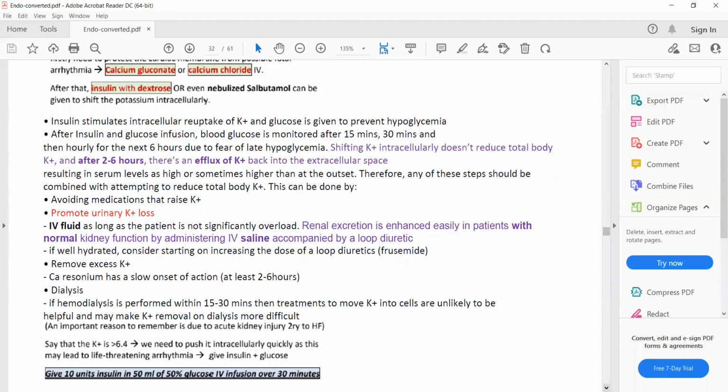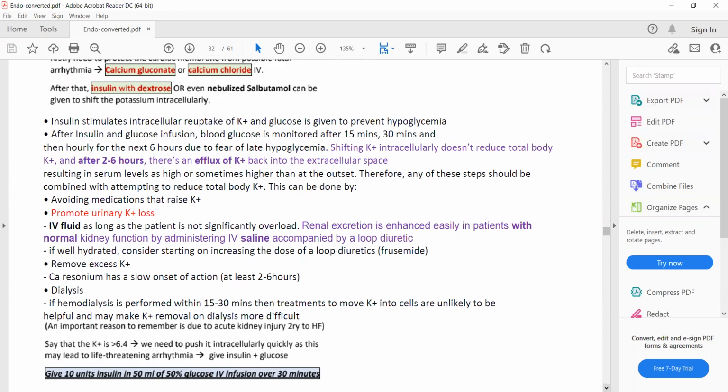So for a patient with hyperkalemia, what are the indications for hemodialysis? If the patient is anuric or oliguric, because in such cases the use of diuretics is not going to work, as the person is anuric. So we cannot promote urinary loss.